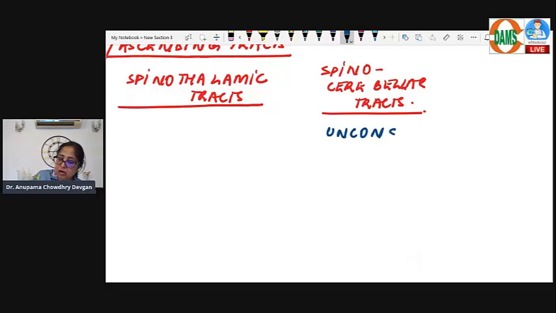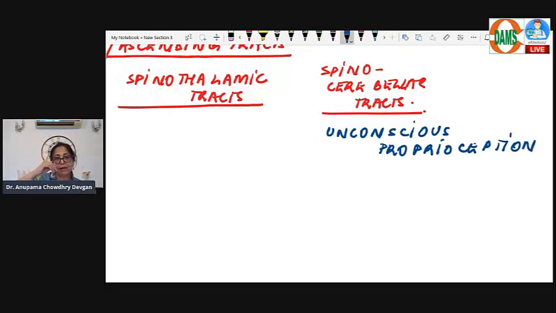And what is unconscious proprioception? That means the proprioceptive input which enters the cerebellum is unconscious proprioception, what you are not aware of. That is called unconscious proprioception.